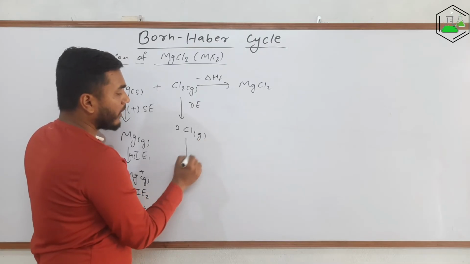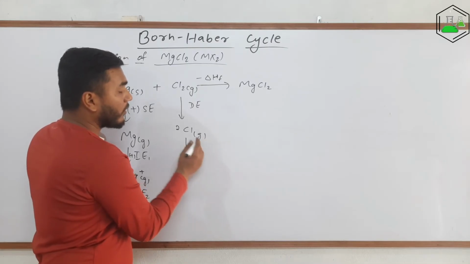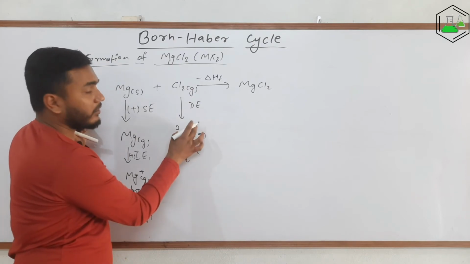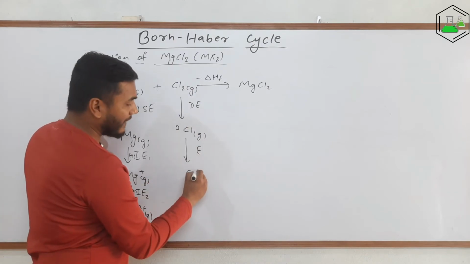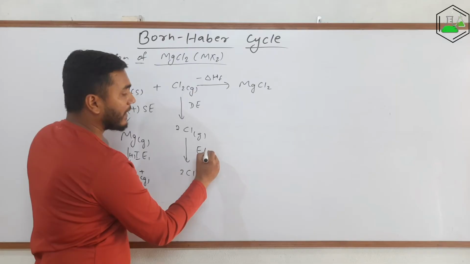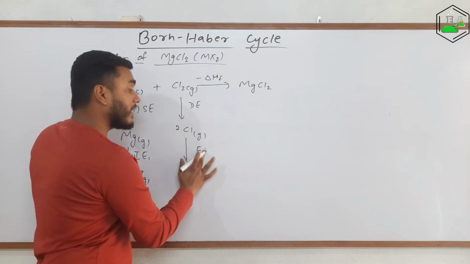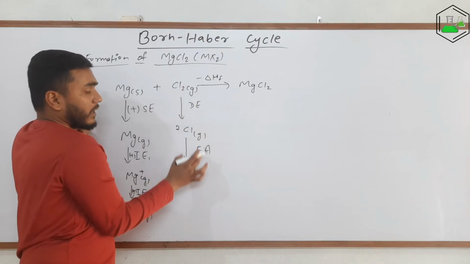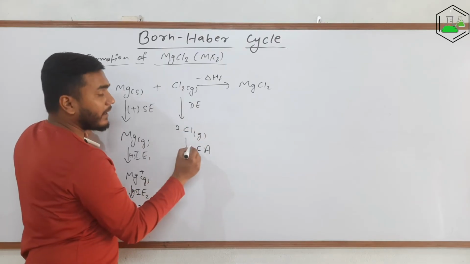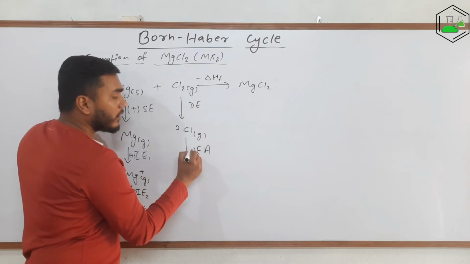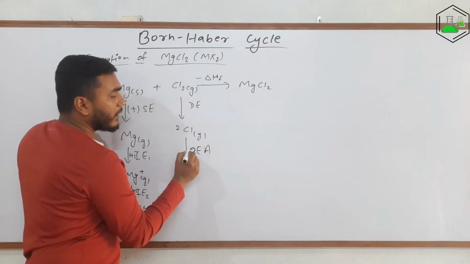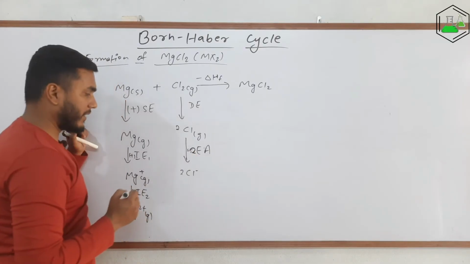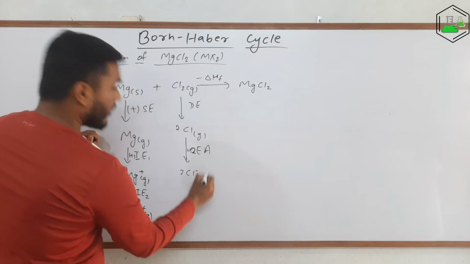Now if we want to convert this Cl gas into Cl minus, then some energy is released from there, that is called electron affinity. Now 2 electrons are being converted to anionic form, that's why 2 times the electron affinity is required for this method. Now finally we got this much.